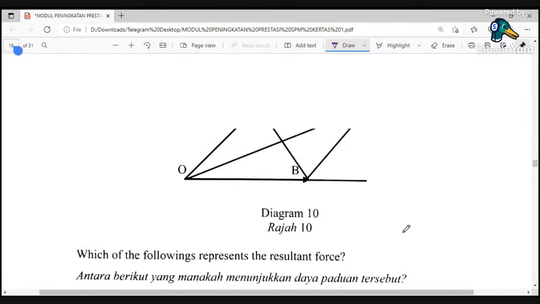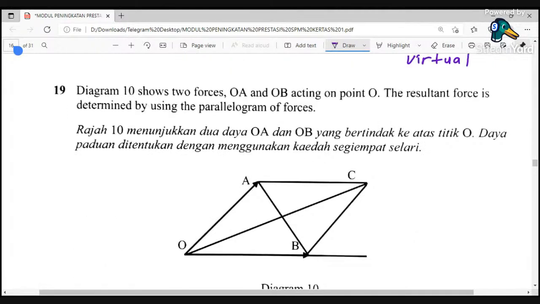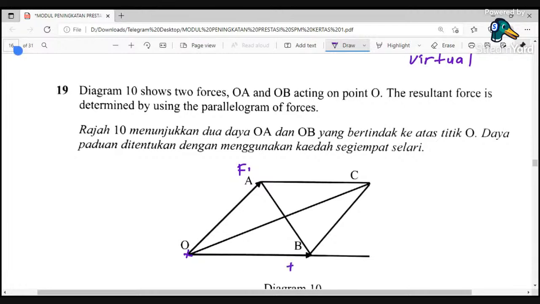Okay, tengok sini, tengok balik ya. Parallelogram, you must detect which one is the starting point. Normally, starting point is the initial point where the force acts. So this is the object actually. So this is the first force, F1, F2. So where is the resultant force?